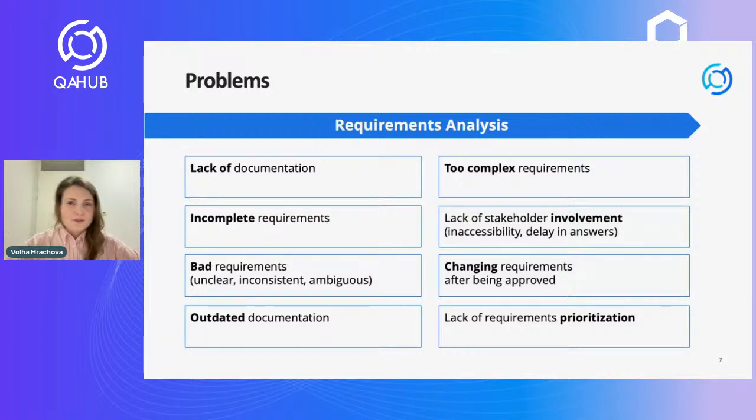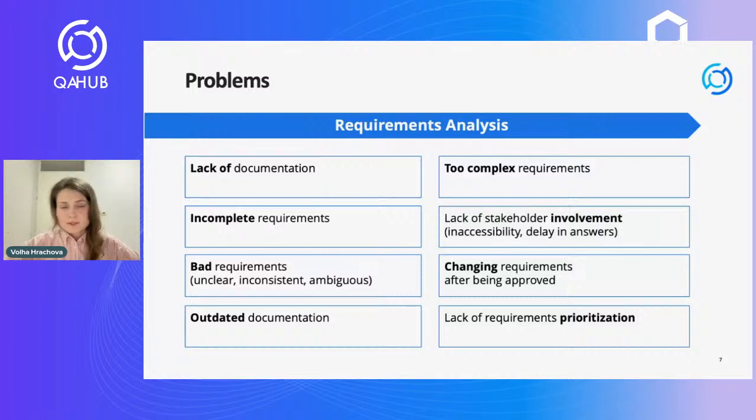We all know that we might have up-to-date documentation, but it's not. It's of poor quality. So we have some discrepancies, some unclear moments. We have to do some activities to investigate, analyze, and gather some missing parts. So bad requirements is definitely an issue.